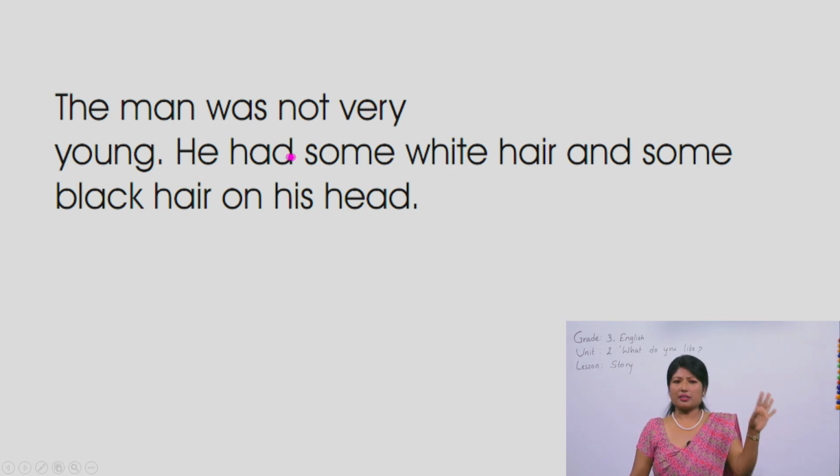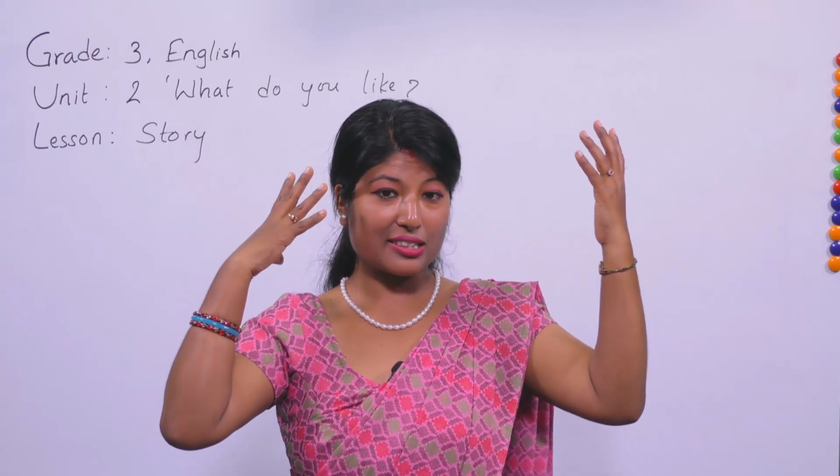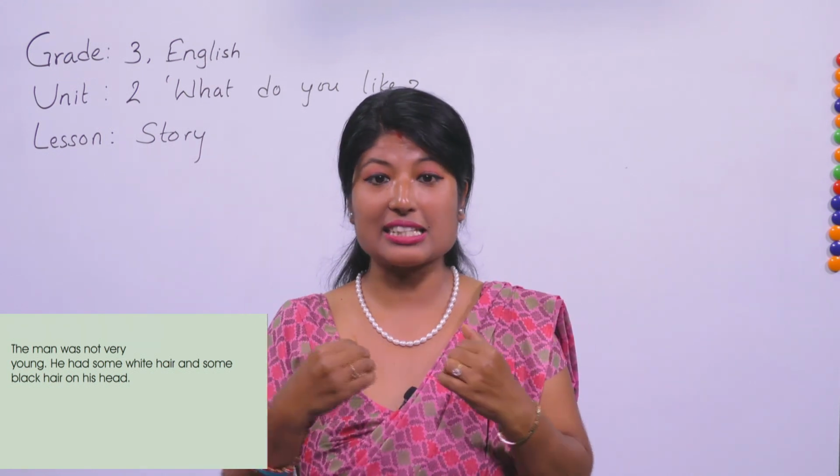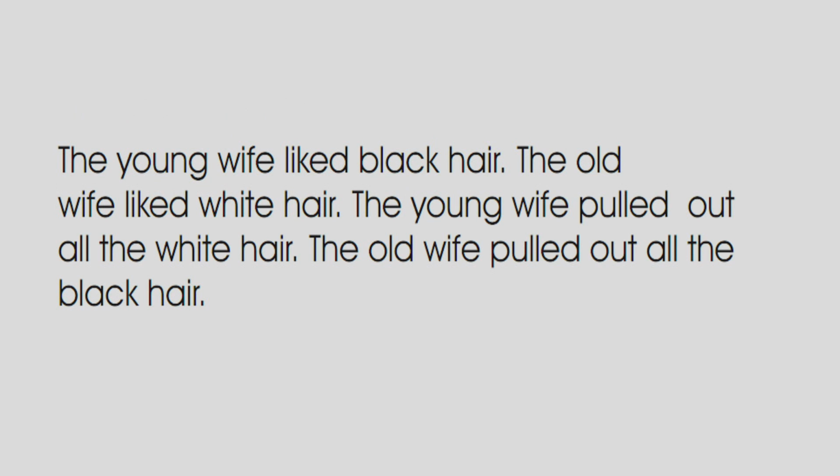You could see, right? Not so old, not so young. He had some white hair and some black hair on his head. Oh, so he had a mixture of hair colors. Black and white, both in his head. Then what happened next? Let's see.